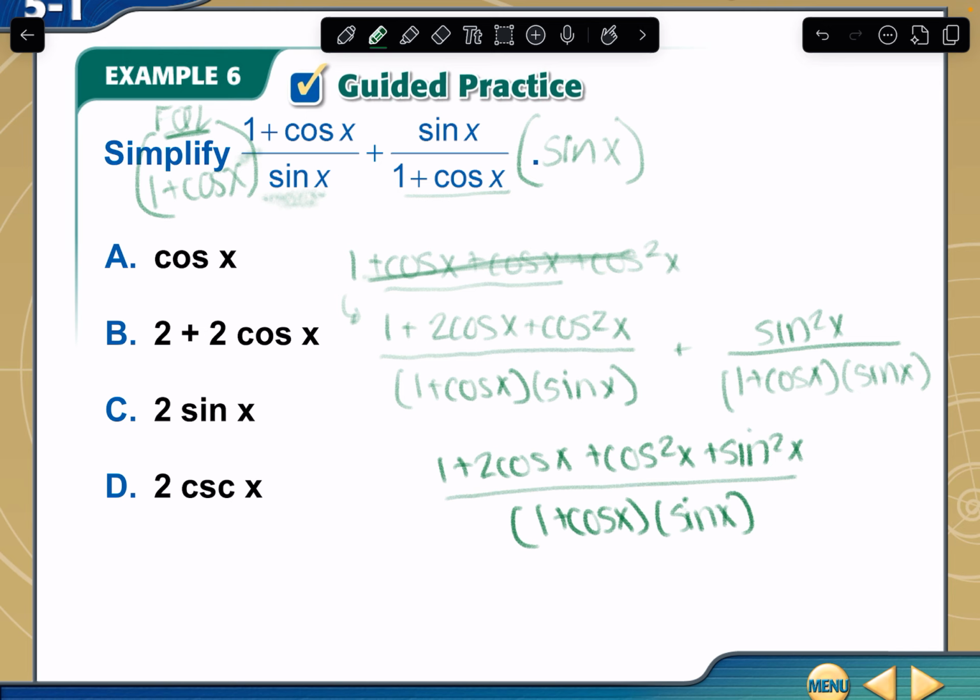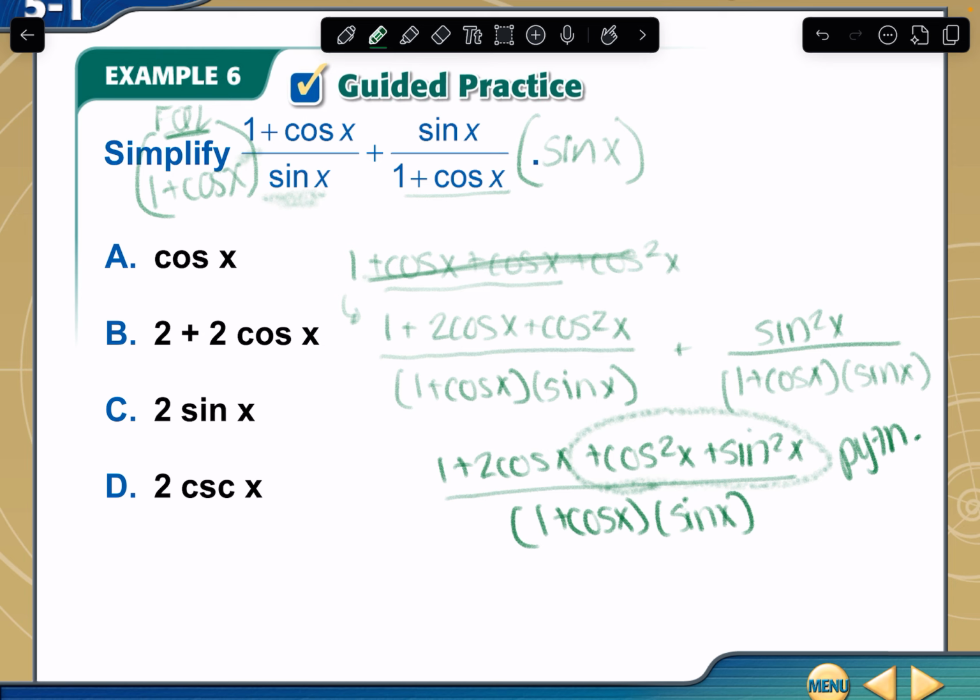So the first thing that I notice is I have a cosine squared and a sine squared. So these two things right here tell me with the squared part that I could potentially look at my Pythagorean theorem identities. So again, it's that same one that we've used several times at this point. But the Pythagorean theorem identity is that sine squared plus cosine squared is equal to 1, which is exactly what I have.